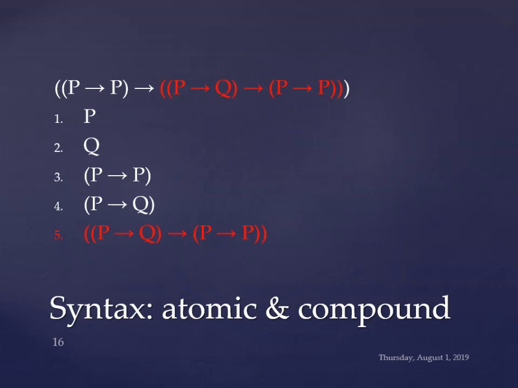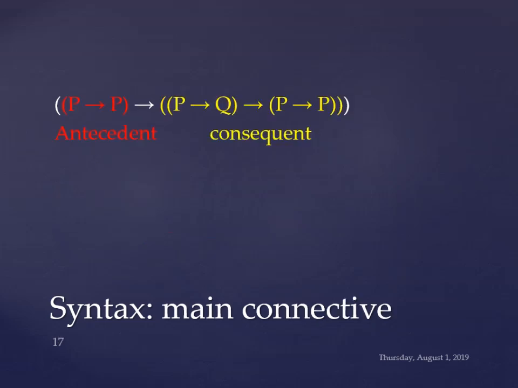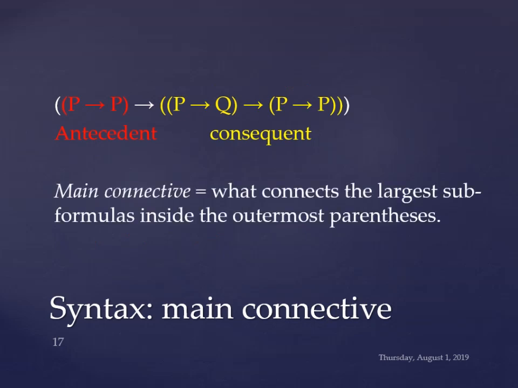All right, let's talk a little bit about the main connective. I've been calling it the main arrow so far, but in the same sentence that we were just looking at, you can see the antecedent there is coming before the arrow in white, and then everything in yellow is coming after it, right? That is the main connective, this thing right here, the white arrow, okay? So technically you could say that the main connective is what connects the largest subformulas inside the outermost parentheses.